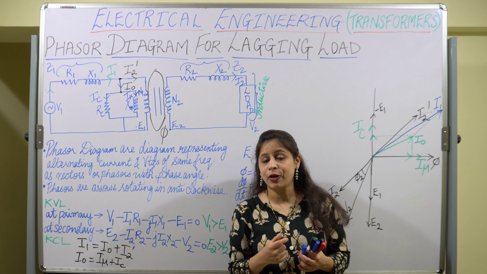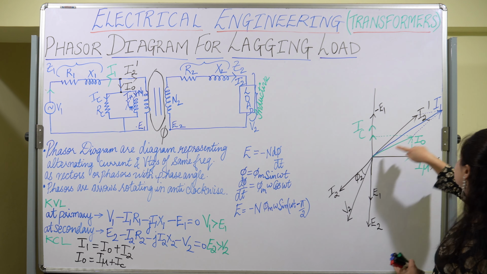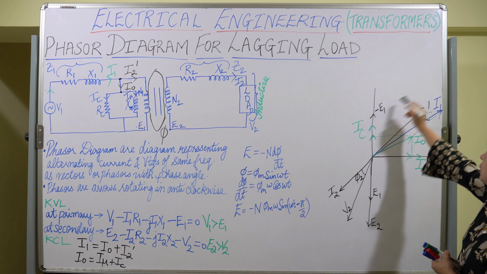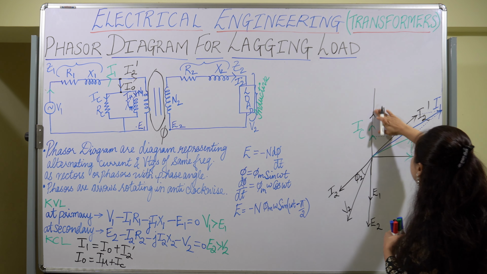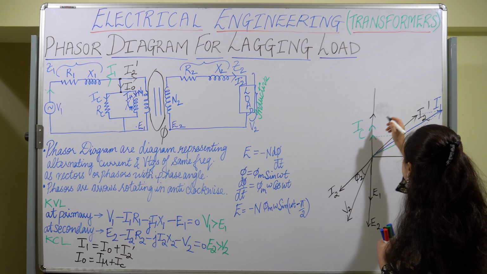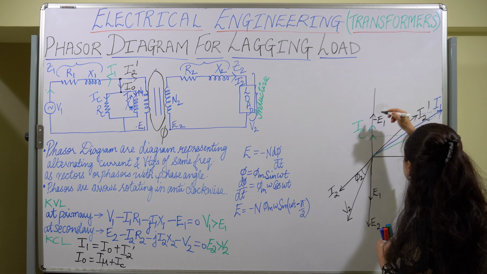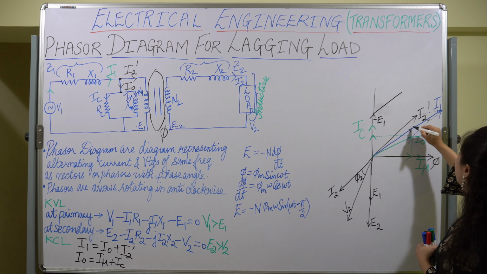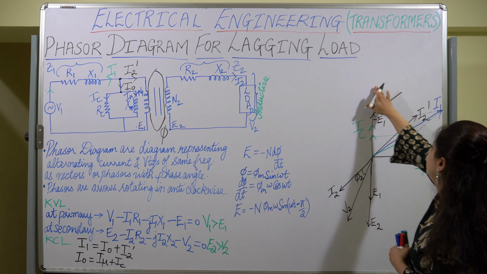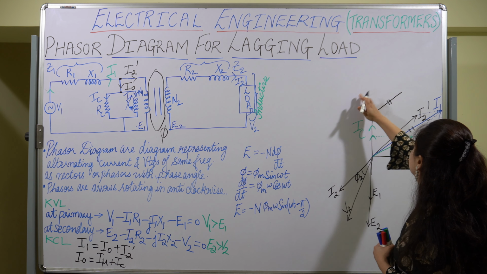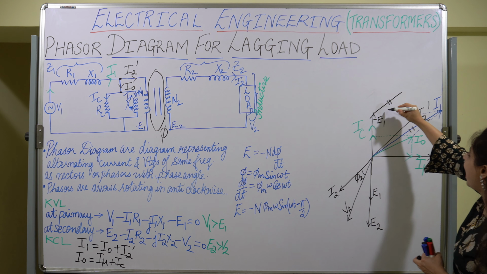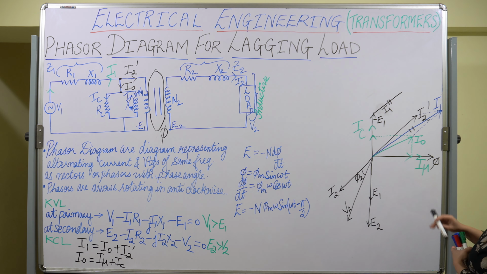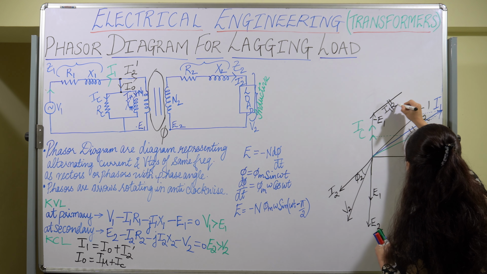So here is I1, and we need to draw a line parallel to this. This is representing my minus E1 over here. So when we draw a line parallel to I1, we will be getting over here I1 R1.